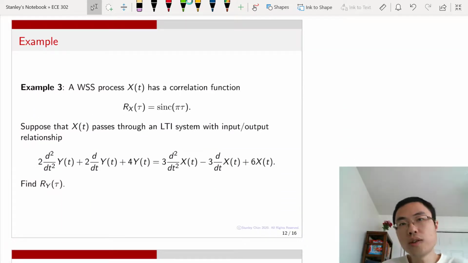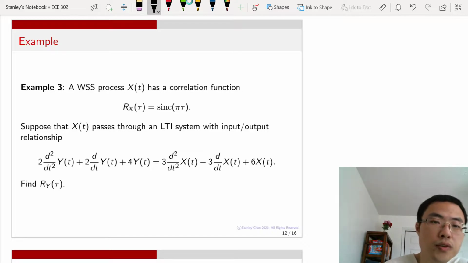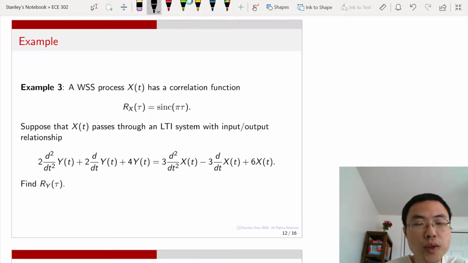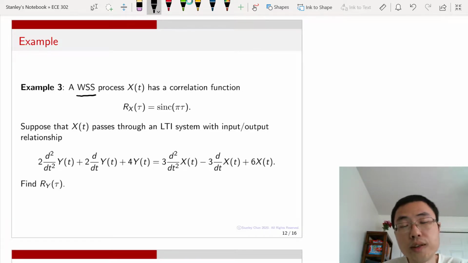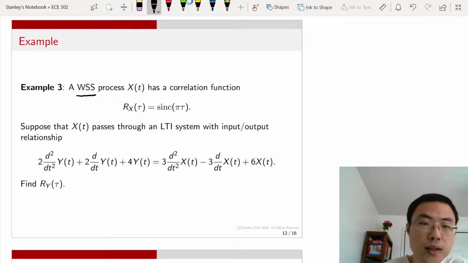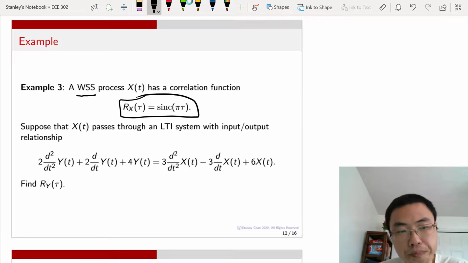To explain the three concepts that we have introduced in this lecture, namely the mean function, the autocorrelation function, and also the power spectral density of the output through an LTI system, I'm going to demonstrate through an example. In this example, I am assuming a wide-sense stationary process, x of t, which has a correlation function given by this formula.